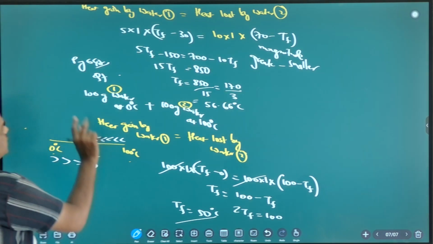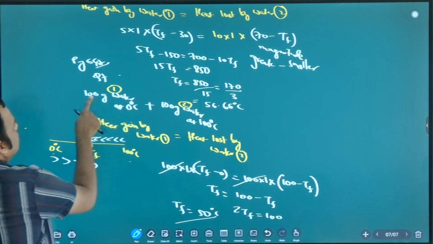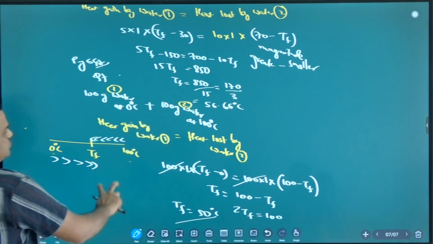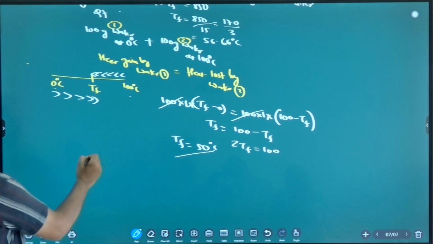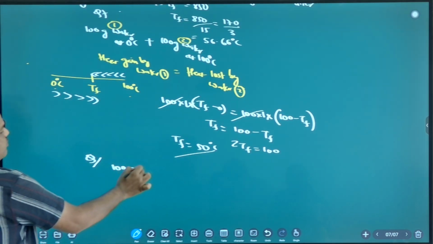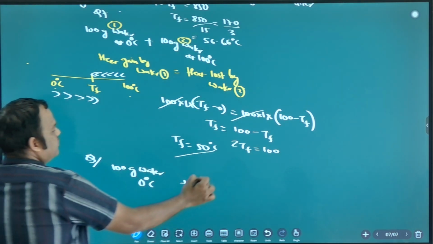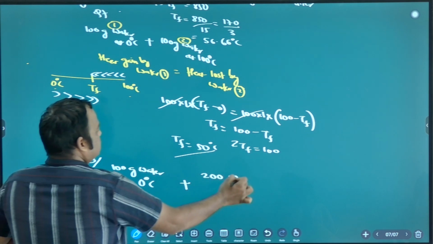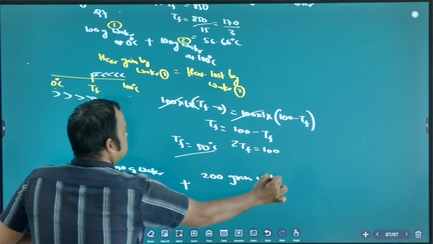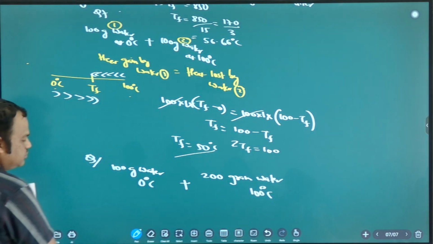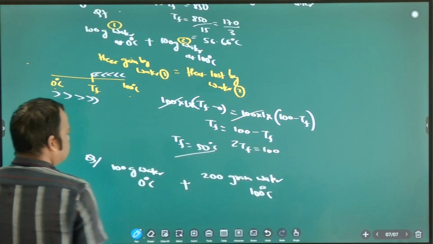Now, I will change this question. I'm taking this as 200 gram. Now you solve. 100 gram water at 0 degrees Celsius mixed with 200 gram water at 100 degrees Celsius.